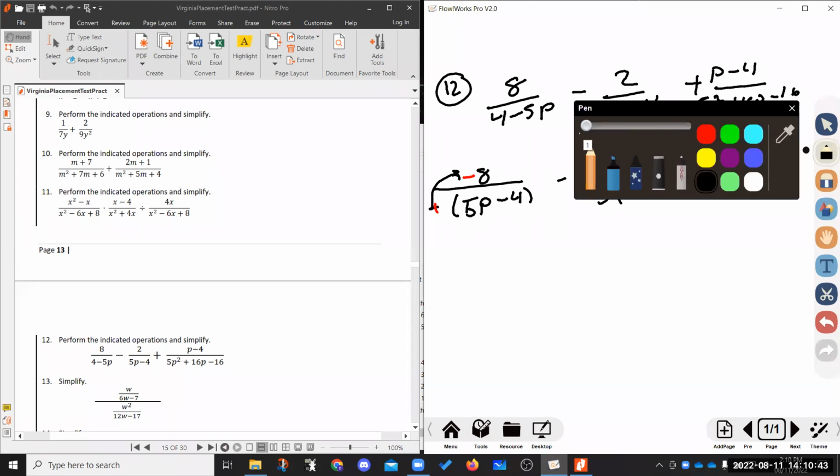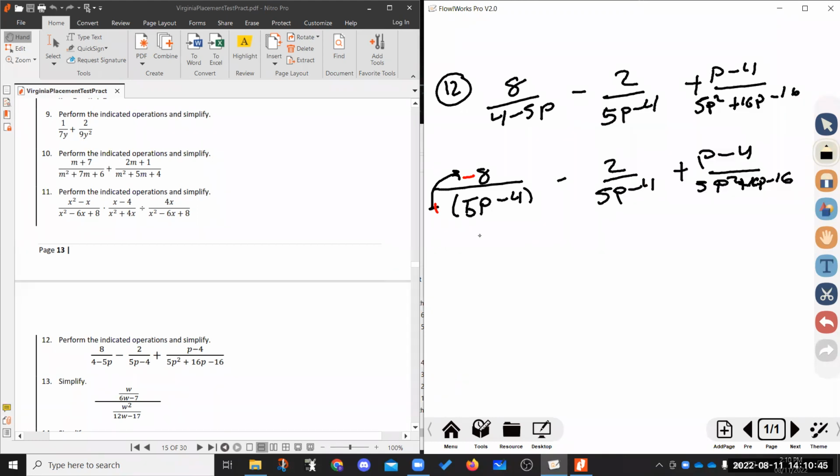So this is going to be equal to -8 over 5p minus 4, minus 2 over 5p minus 4, plus p minus 4 over 5p squared plus 16p minus 16. I'm going to combine these two.